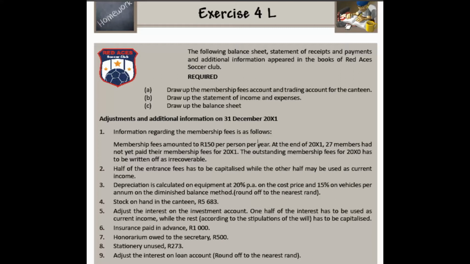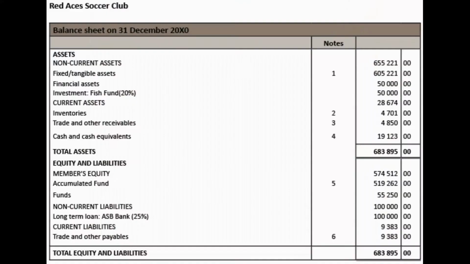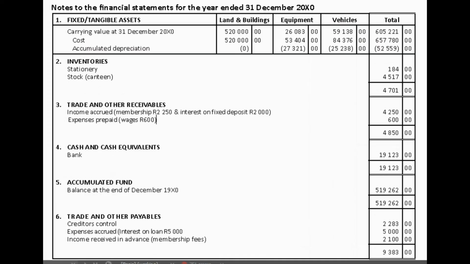Okay, so the information that they give you in 4L is the balance sheet for Red Aces Soccer Club at the end of the previous year, on the 31st of December 2020. They give you the notes to the financial statements for that year, and then they give you the statement of receipts and payments for the current financial year.